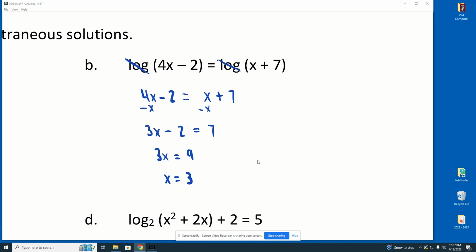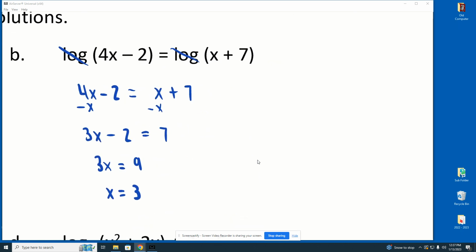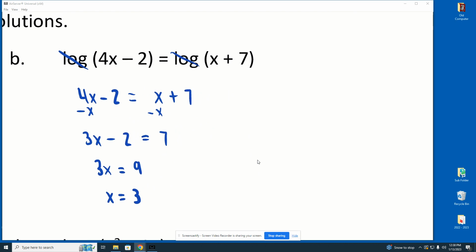Now, listen, I'm not going to do this with every problem just because I know that you guys get this and it's pretty simple. But if this problem were not condensed, if it were expanded, you would go back to the original problem and you would simply plug the value that you found for x in and see if it really works or if it gives you what we would call an extraneous solution.